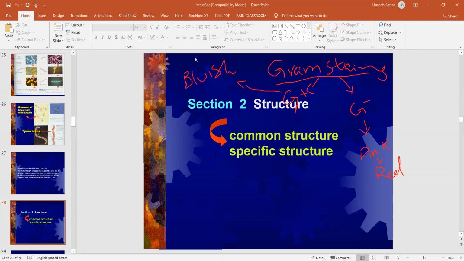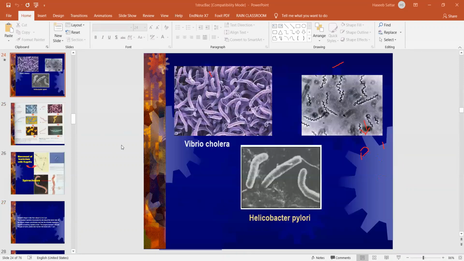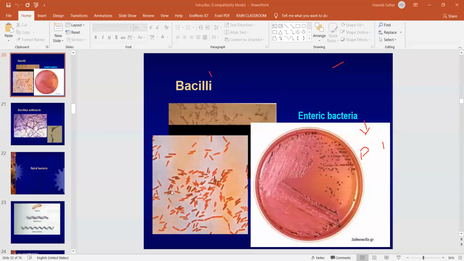I know it is a bit difficult, so that's why I skipped this topic till the end of this lecture, just to show you how gram positive and gram negative bacteria look. Let me check. Okay, here you can see these bacilli.